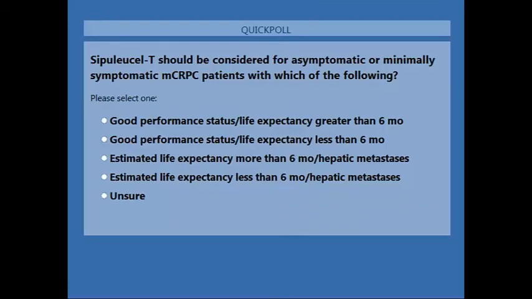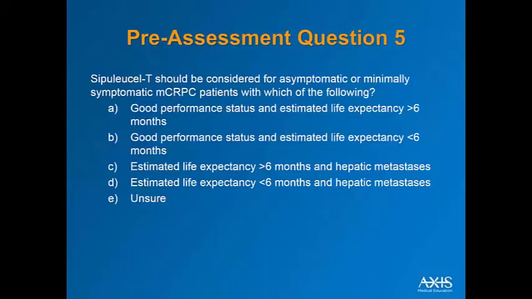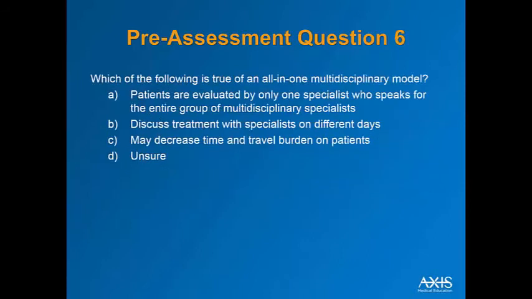Good performance status, estimated life expectancy greater than 6 months; less than 6 months but similar good performance status; estimated life expectancy of greater than 6 months with hepatic mets; or life expectancy less than 6 months with hepatic mets; and unsure. And closed.